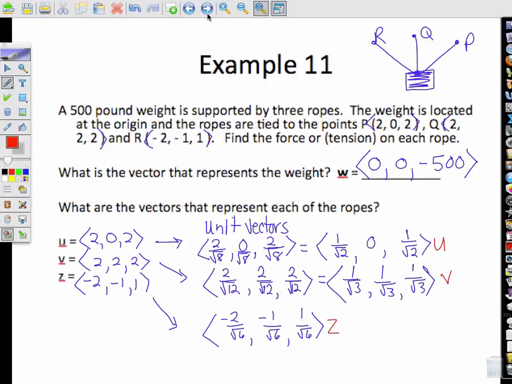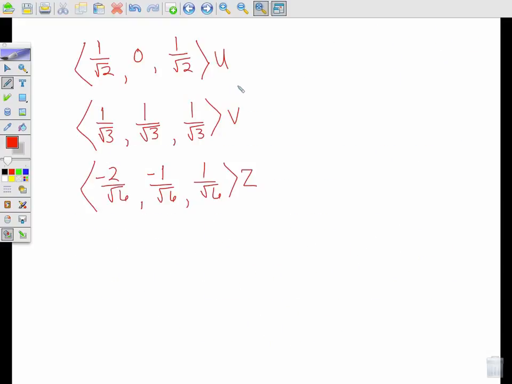All right, so here's what we've got. These are our three vectors. So this vector times some sort of magnitude or force in all three of those. So u, v, and z, that's what we're actually going to solve for. What I need to do here is distribute them. So I'm going to distribute the u through, and this is what we would have.